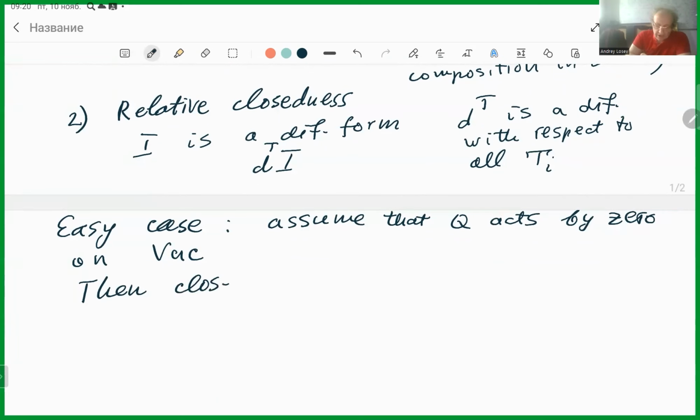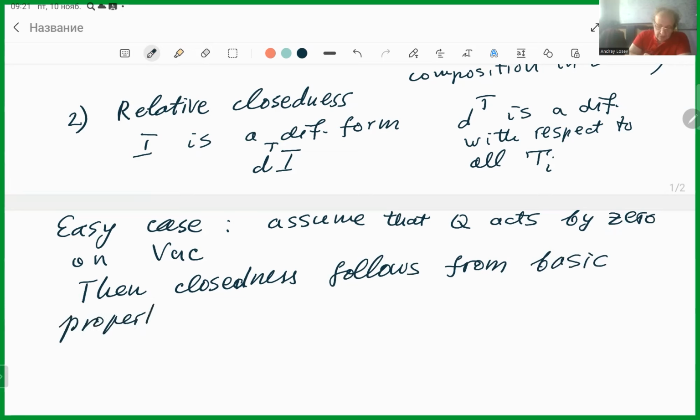Then closedness follows from the basic property of higher topological quantum mechanics.